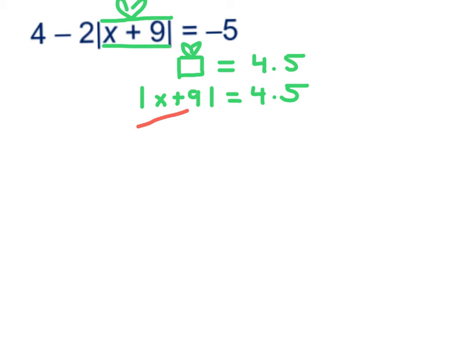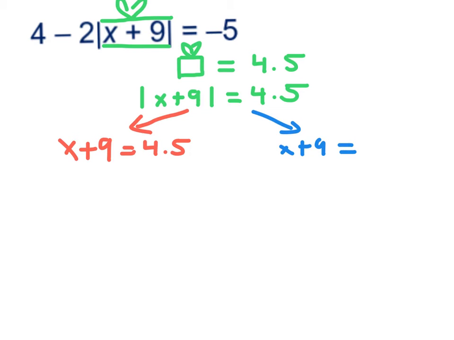So my first equation is whatever is inside the absolute value, x plus 9 equals the original piece outside, or 4.5. And the other equation is the inside of the absolute value. So x plus 9 equals the opposite of the other side, or negative 4.5.